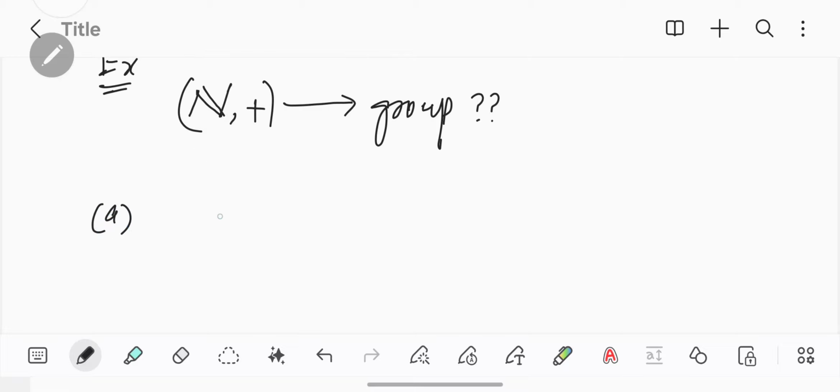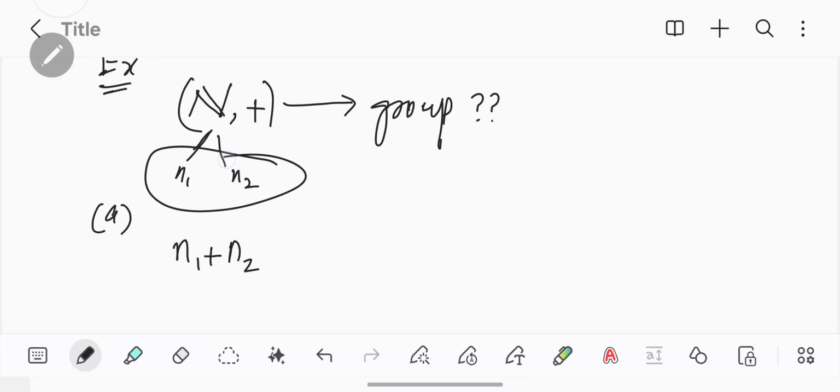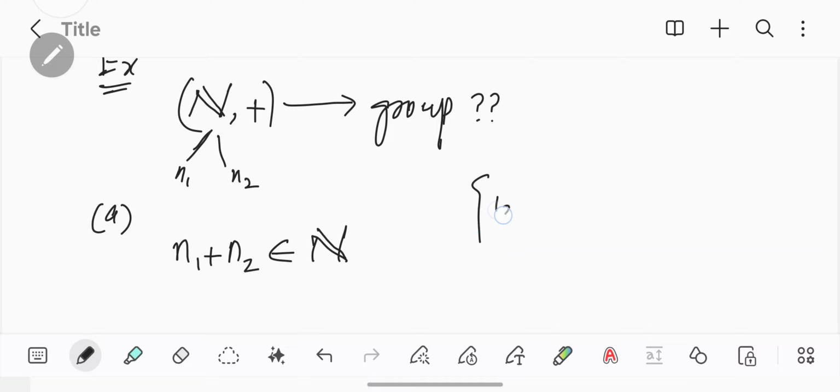So the first property is, if you take any two natural numbers, for example n1 and n2 from here, what will happen? If you add n1 and n2, then the closure property says that if you add any two natural numbers, the result should be inside the natural numbers. Is it true? Yes, of course, because the set of natural numbers is 1, 2, 3 and so on.